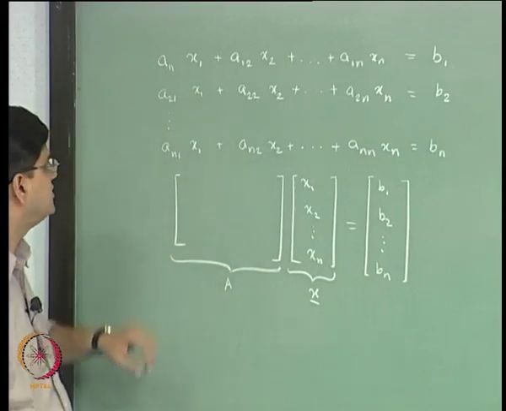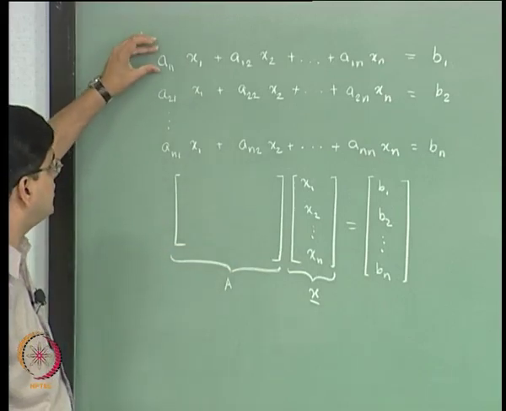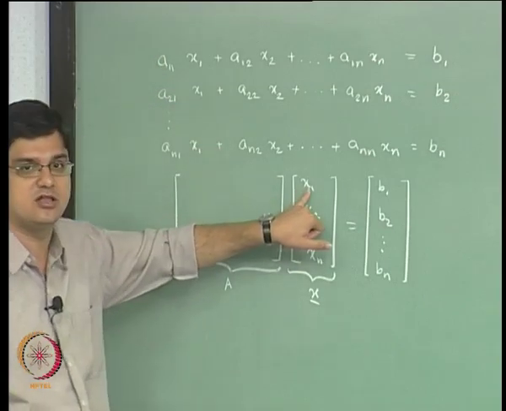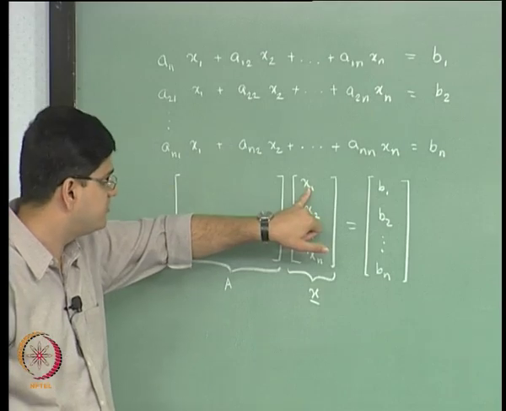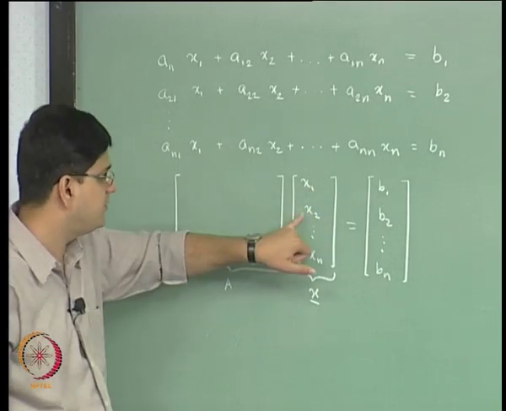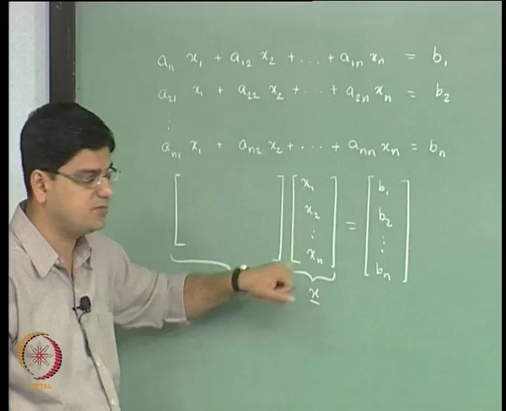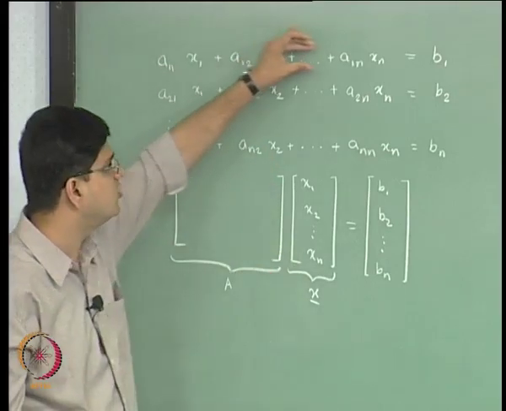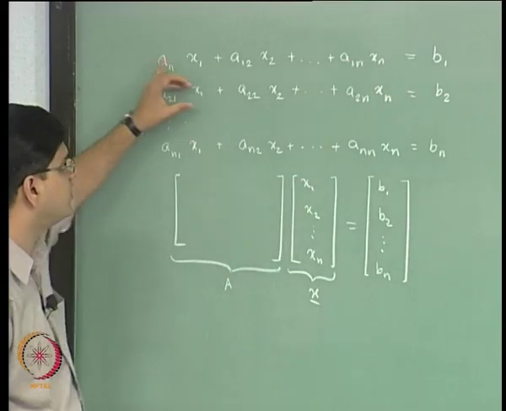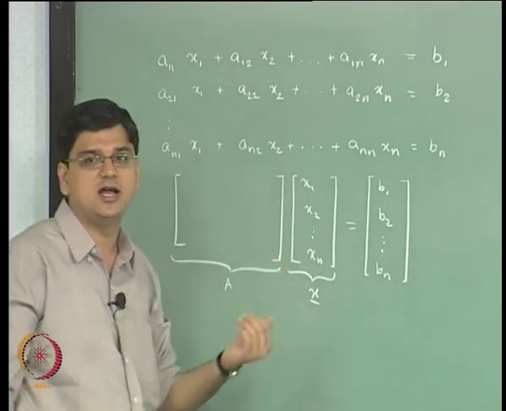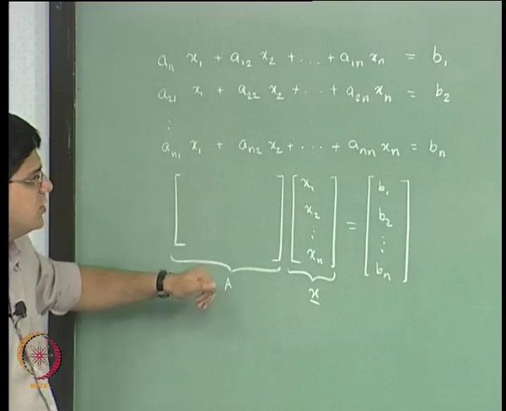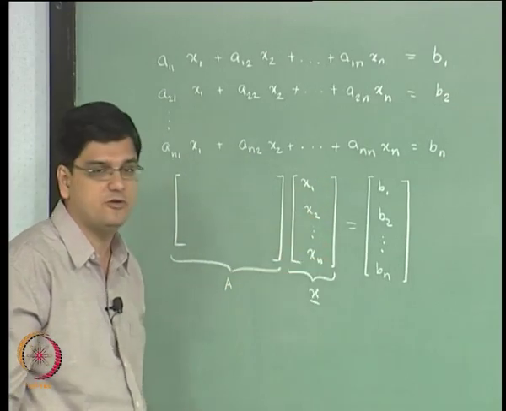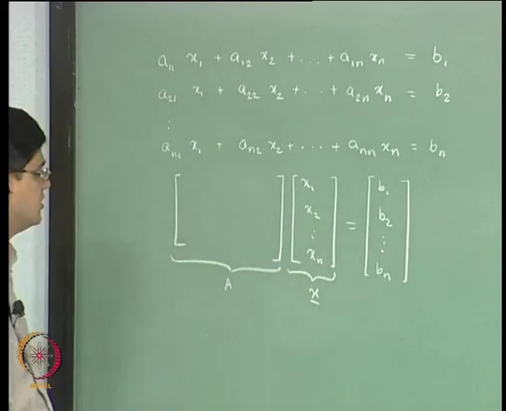Now, how do we populate this matrix? The first element is going to multiply with the first variable, the second element will multiply with the second variable, the third element with the third variable and so on. So, the first row will contain all the coefficients in the first equation, the second row will contain the coefficients in the second equation and so on, and the ith column will represent the coefficient of the ith variable in this vector.